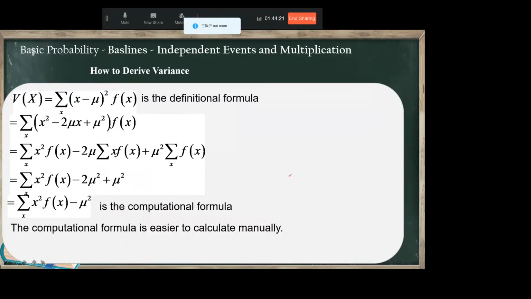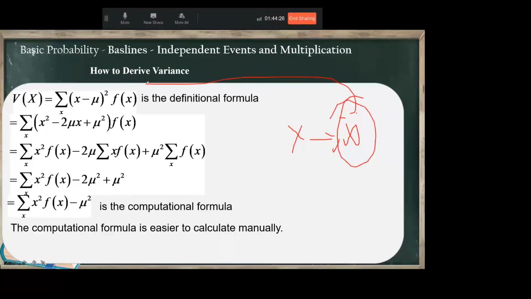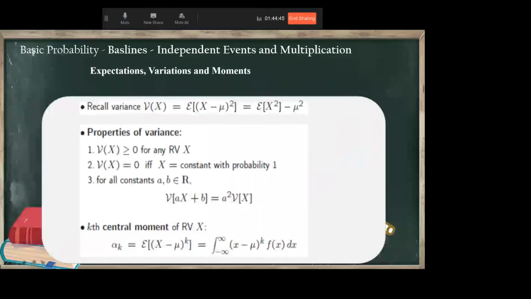So variance, we know that it's the deviation from x bar, and here x bar is a mean. We have all calculated it, so it's a definitional formula. Solve it, a square minus 2ab plus b square f of x, and then open it, and you will find this one. And then finally you can get this one. That's how we get the computational formula. That's how we compute the way we did it.